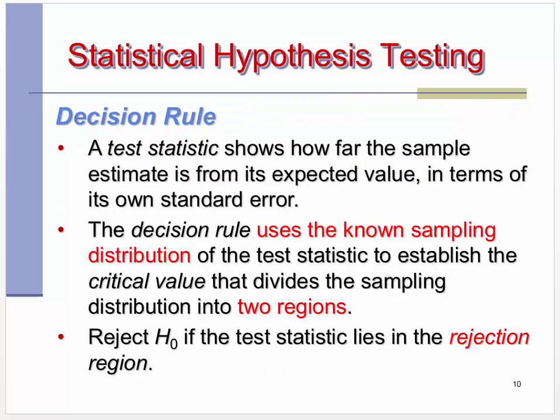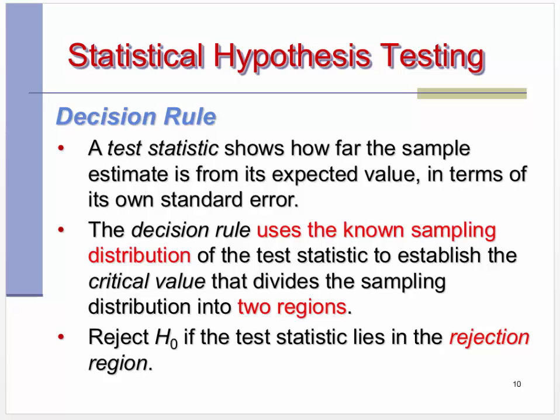So what is the decision rule of hypothesis testing? Basically, a test statistic shows how far the sample estimate is from its expected value in terms of its own standard error. And the decision rule uses a known sampling distribution of the test statistic to establish the critical value that divides the sampling distribution into two regions, acceptance region and rejection region.